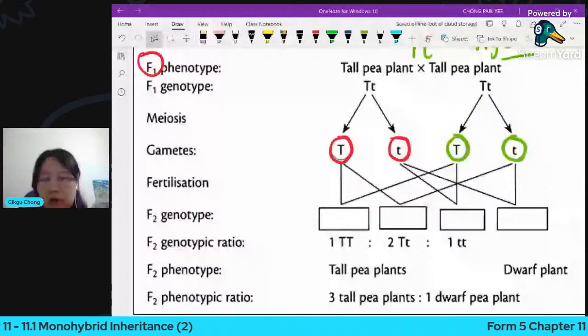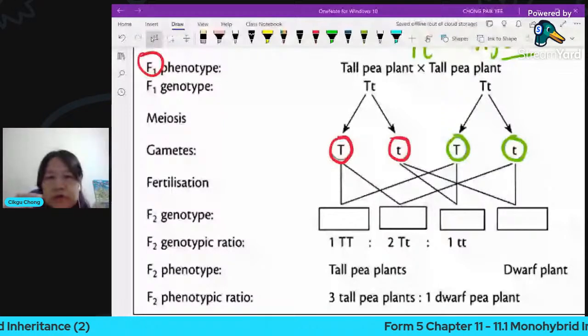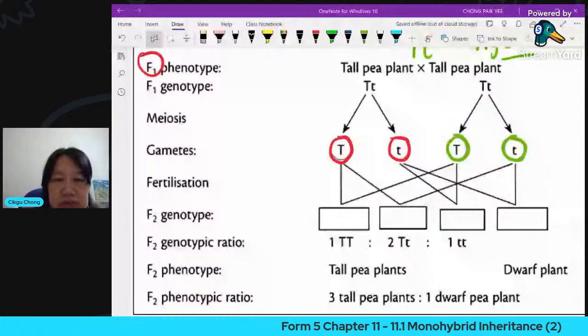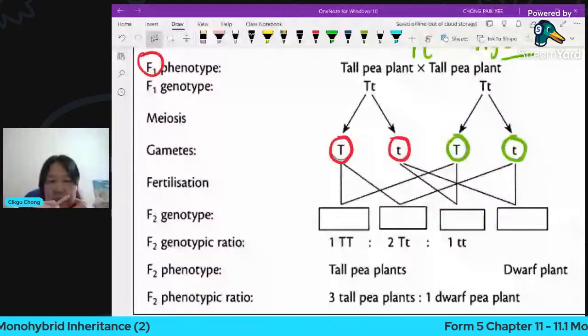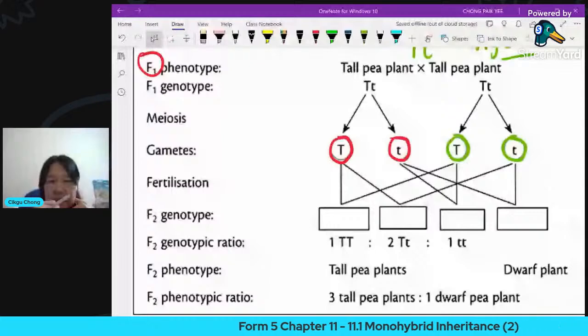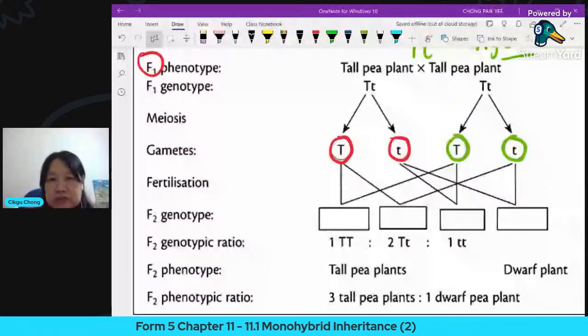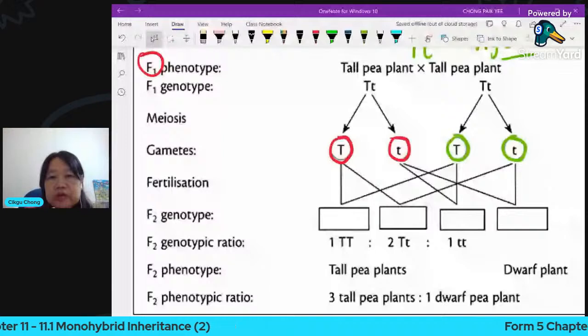So you have these possibilities. First, you take this one and combine with this, you get capital T, capital T. Both dominant.